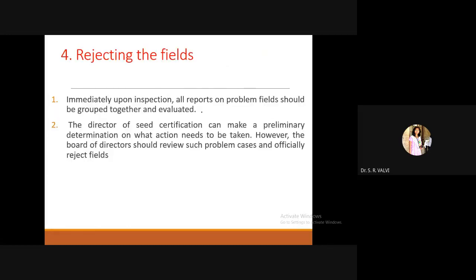Now, rejecting the fields. Yes, it is going to happen. For seed certification, this is again one point: rejecting the field. Suppose your field is not fulfilling the minimum standards provided by the seed certification agency. Then, yes, the field inspector or the seed certification agency staff member has the right to reject your fields.